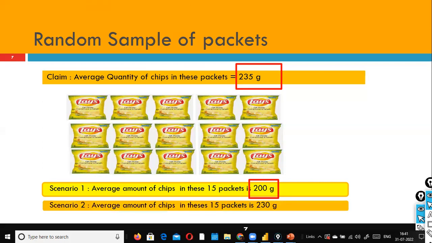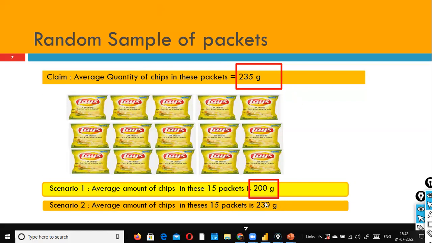Supposing when I unpack all the 15 packets, I find 230 gram. Is it okay with you all? What do you conclude here? Are you okay with this?